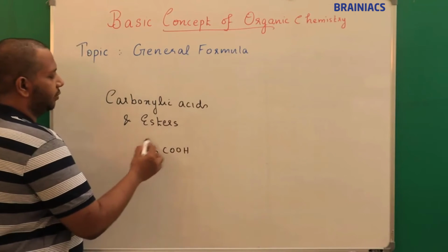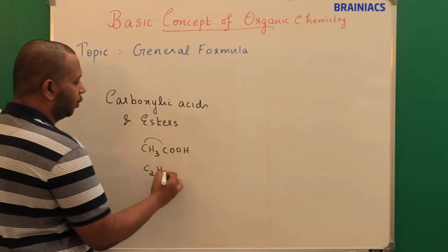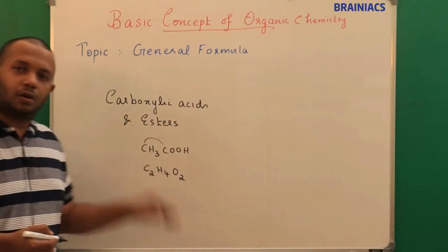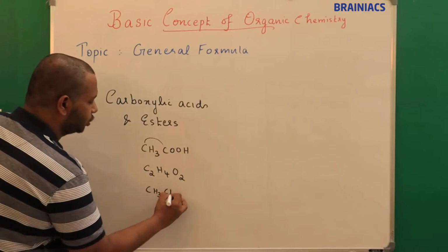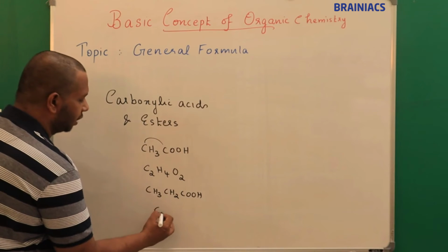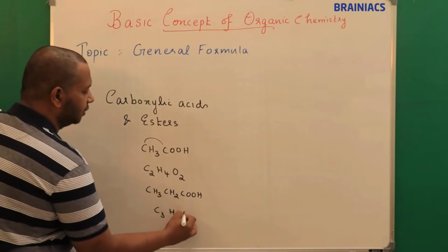Tell me how many carbon atoms are there. We can say carbon 2, hydrogen 4 and oxygen 2. Correct? Now if I draw the next carboxylic acid, CH3, add a homolog CH2, then COOH. So what is happening? Carbon becomes 3, hydrogen becomes 6 and oxygen becomes 2.